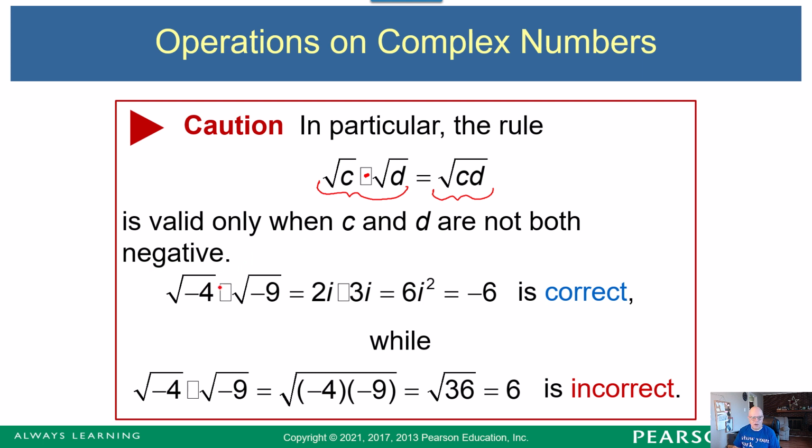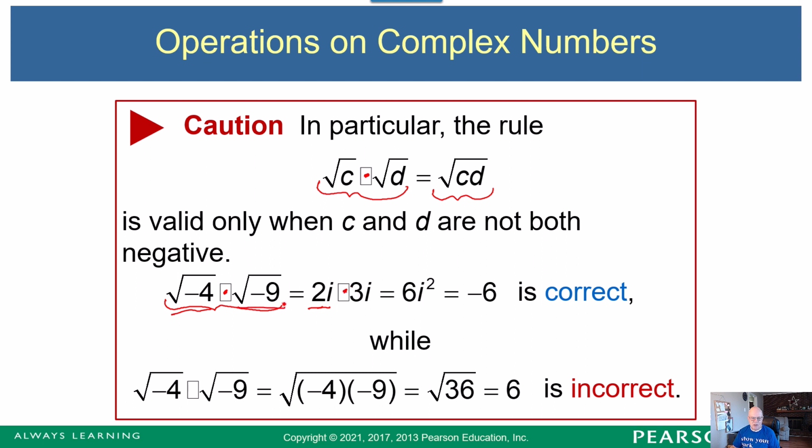Be careful though if you have something like this. You have what's going to be an imaginary first, an imaginary second. Remember, this is times. And if you're not careful, you can mess this up. So take this first part, square root of -4, simplify that to 2i. There's the times again.